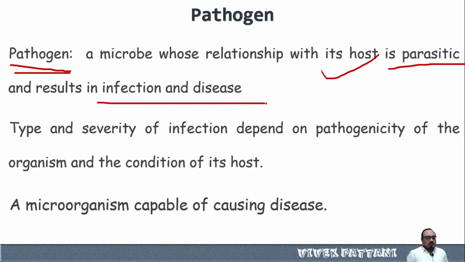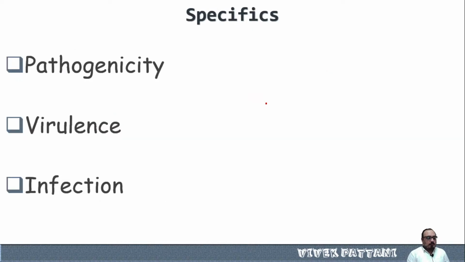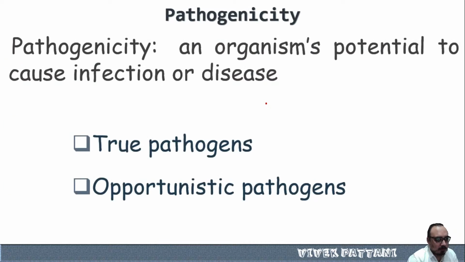Simply, if you want to write it in a small sentence: a microorganism which is capable of causing a disease is called a pathogen. Now, some of the specific terms which I am going to discuss today are pathogenicity, virulence, and infection. So, what do we mean by pathogenicity?